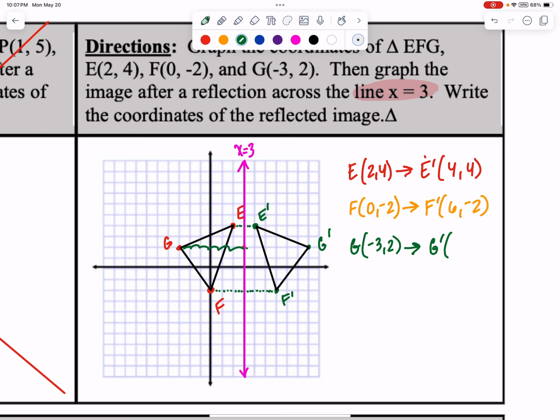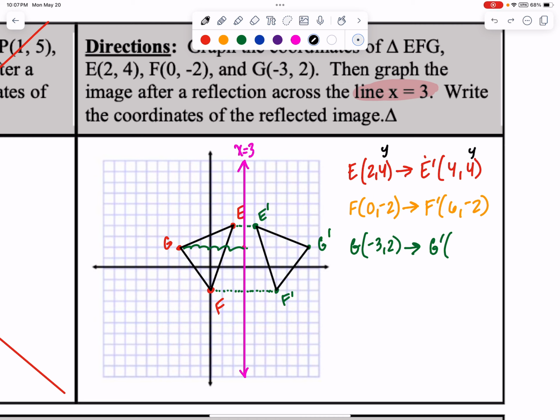So it's still behaving like crossing over a Y. And one of the things we said is when we're crossing over a Y axis, that Y stays the same. If you look down all of these, all the Y's are exactly the same. We have 4 and negative 2, 2, and so we can right away figure out what the other one is.